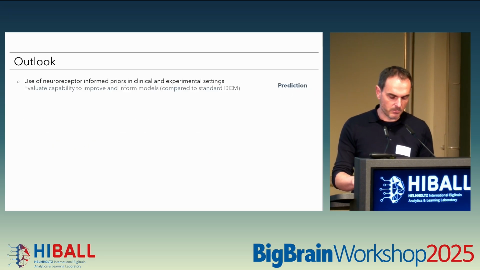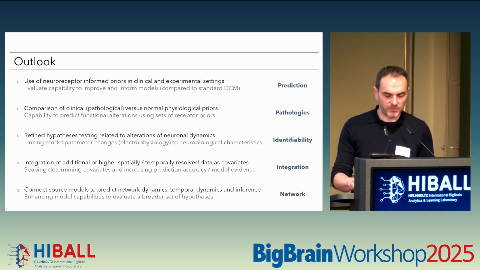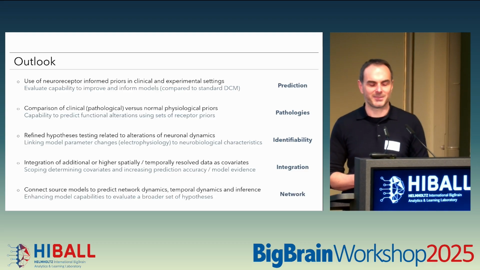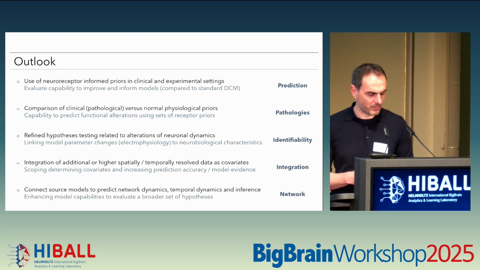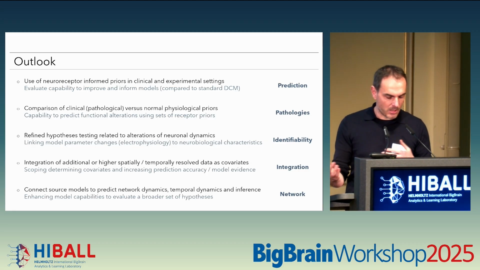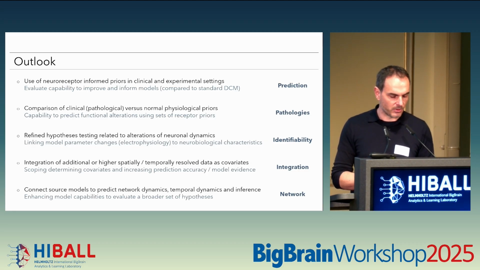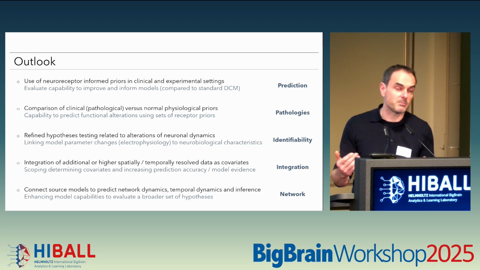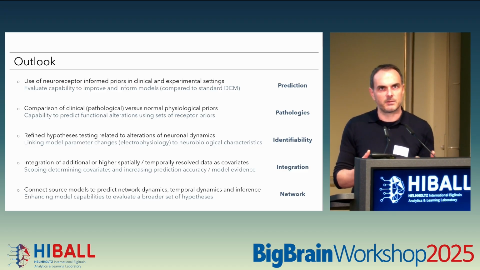So that's good. I'm going to very quickly go through the outlook. As with all modeling exercises, there are various aspects you could improve. One is using the model to make better predictions: one can take the priors and this modeling approach and see how it improves different modeling exercises.